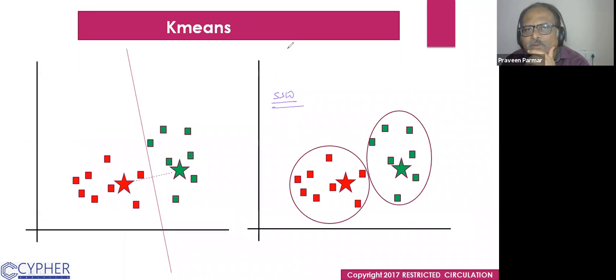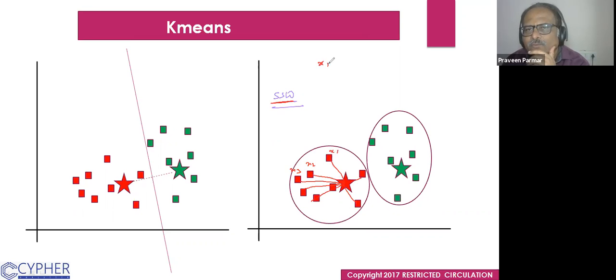SSW, first I talk about the SSW, I change the color so you could better understand. SSW is sum of square within. I will take this distance, this distance, this distance, this distance, this distance with the mean. So this is my x1 and x2 and x3 this way.